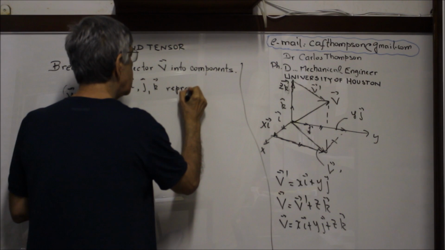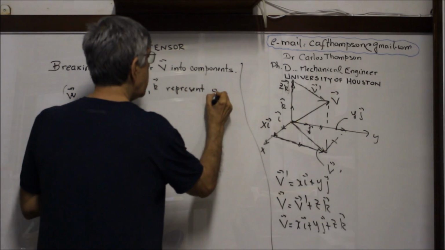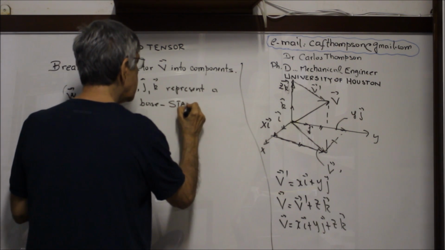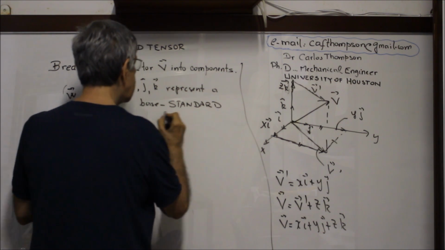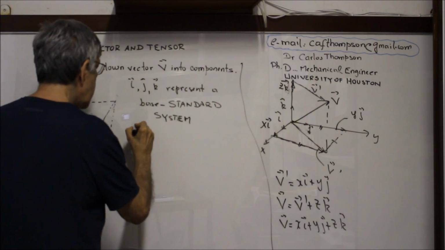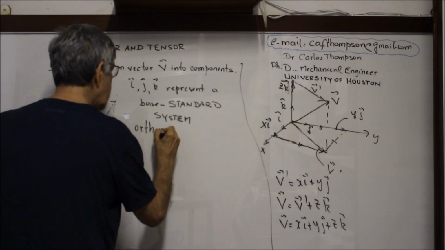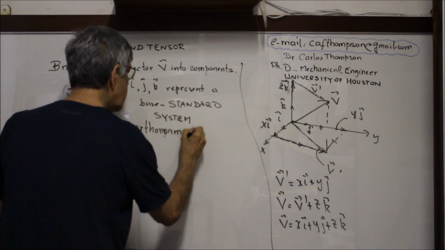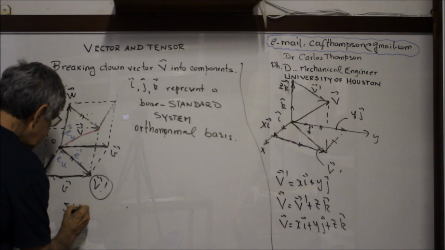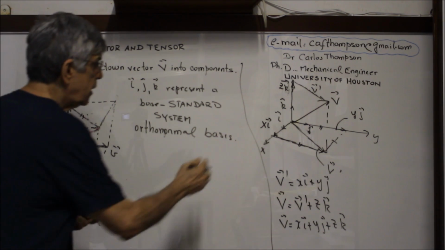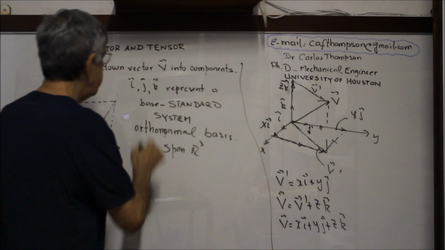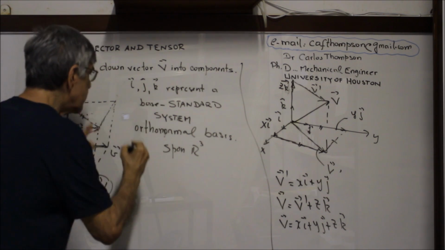ijk represent a base system, which I'll call the standard system. They are orthonormal bases. These span R3, because i, j, k are linearly independent.